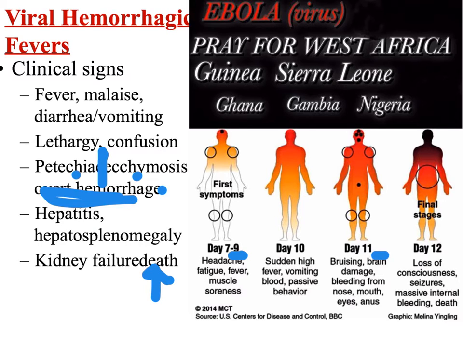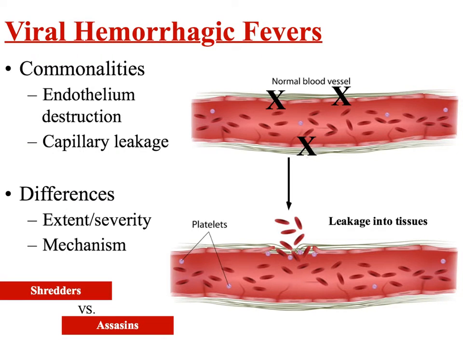But how we actually get to this point from the virus-host interaction standpoint is not so consistent from most. The commonalities of all of these is that you have capillary leakage. So if you have an intact blood vessel here, you have your blood cells and your red blood cells and your white cells and your platelets floating along the lumen of blood vessels.